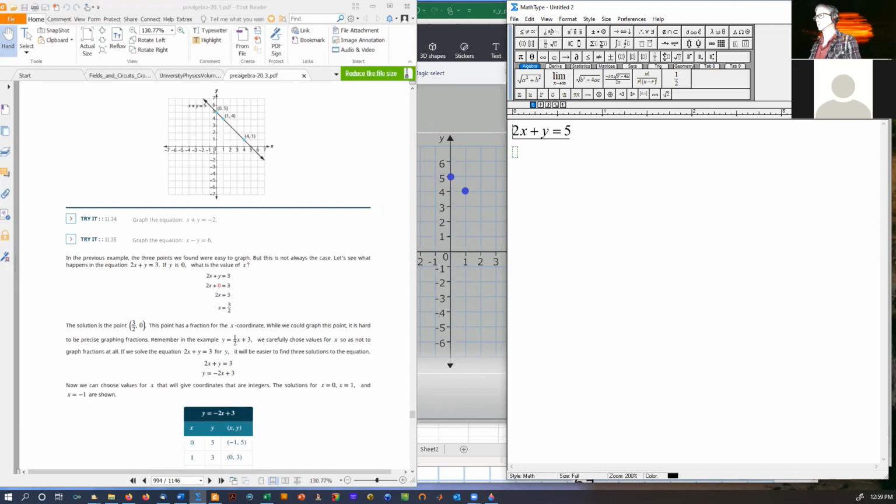For y equals 0, this equation becomes 2x plus 0 equals 3, or 2x equals 3, or x equals 3/2, which is equal to 1.5. X is equal to 3/2.